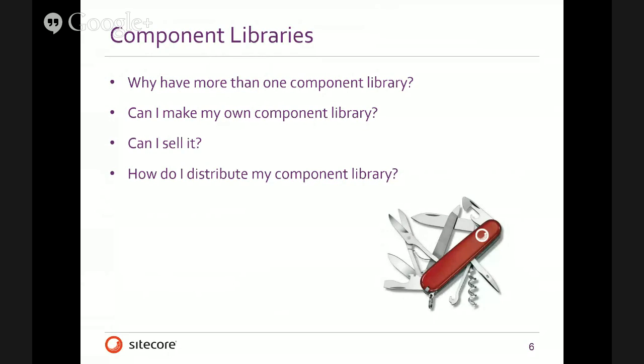To me, the Speak core is enabling having multiple libraries, and multiple libraries is offering choice. So by having multiple component libraries, we have more choice as developers. It might be that one library is not particularly fitting for the task that you have, and another library might be better.